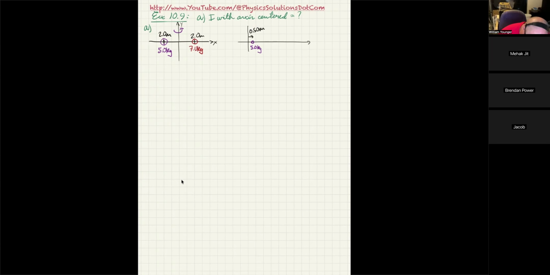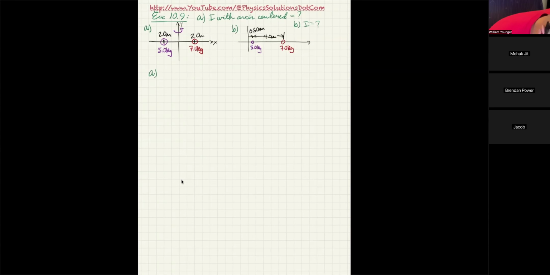And then 4 meters away from that, roughly here, is the 7.0 kilograms. And this distance, of course, 4.0 meters, is like that. Okay, and this is part B. And for part B, we want to know I equals question mark.